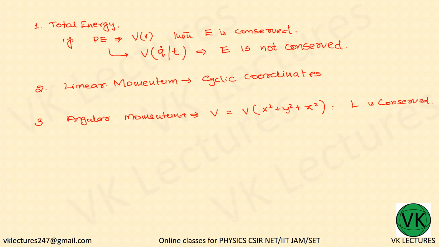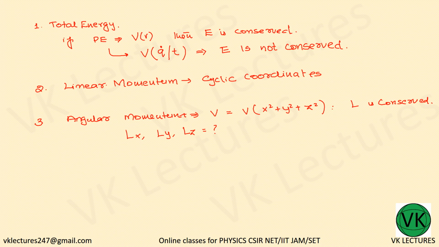Okay. Now if L is conserved, what about Lx, that means the angular momentum in x, Ly and Lz? Are they also conserved? Now if it is x square plus y square plus z square, L is conserved.